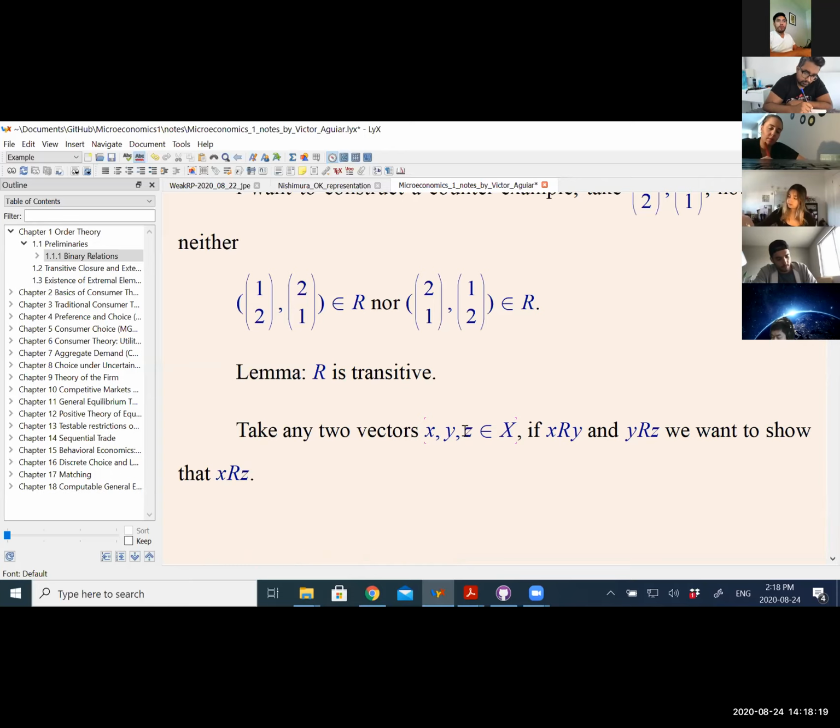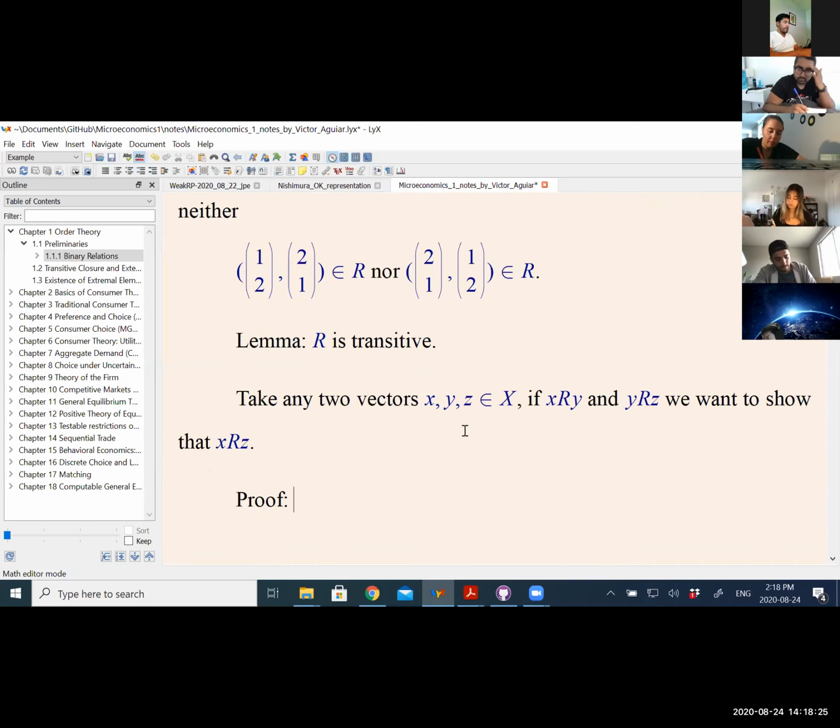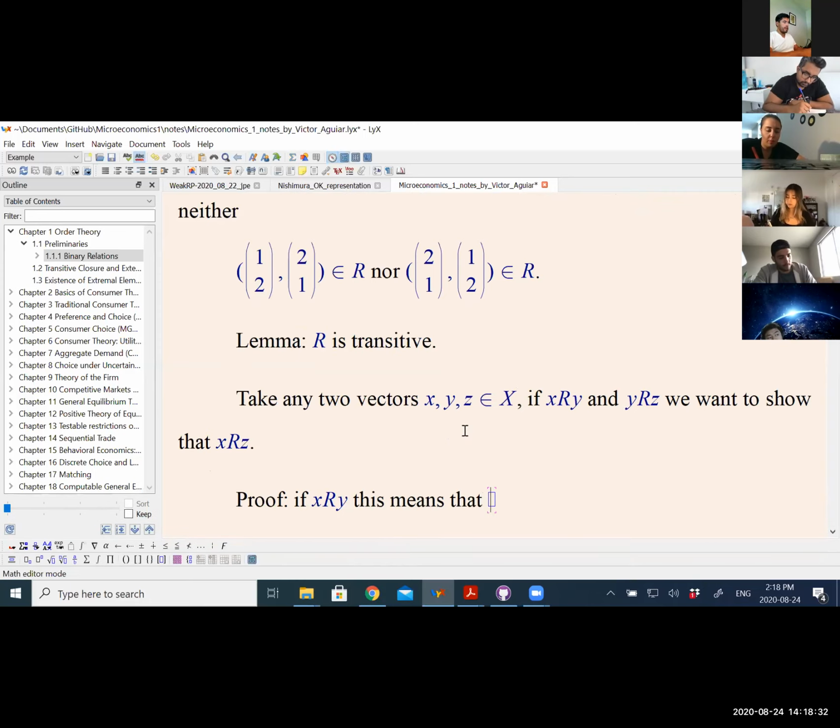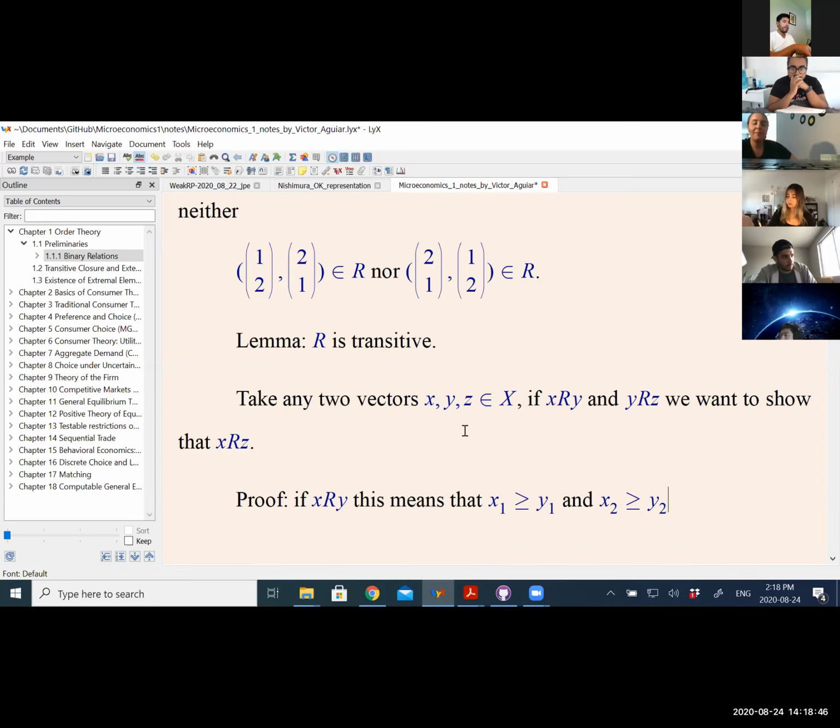So now the proof is the following. We say that if X is in relation with Y, this means that the entry X1 is greater than or equal to Y1, and the entry X2 is greater than or equal to Y2, okay?